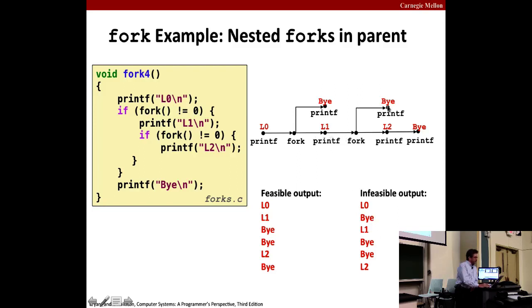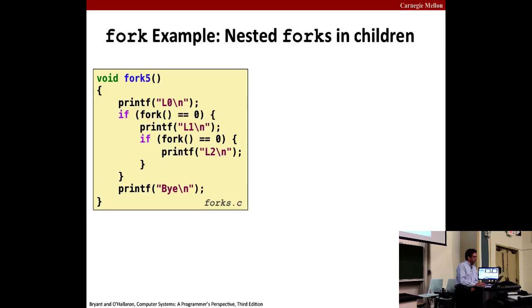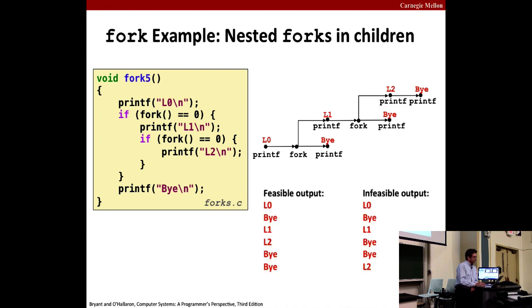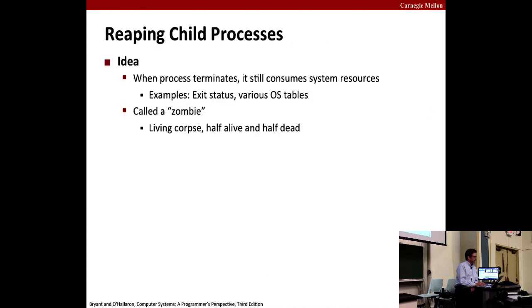And then the next bye is okay, but we can't have this bye preceding this L2, right? Because L2's printf will execute before this printf. Okay, and I'll let you work out this one as an exercise.